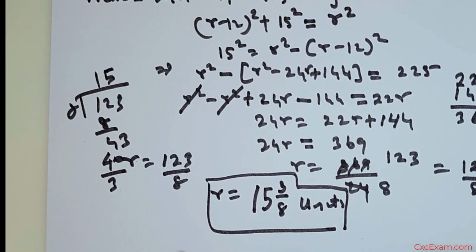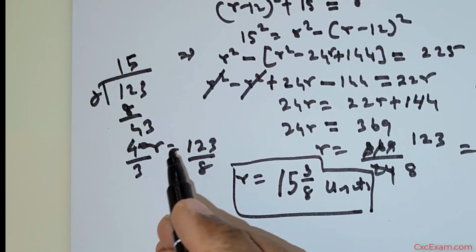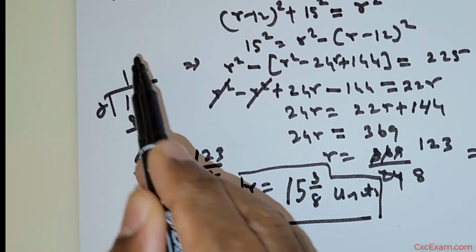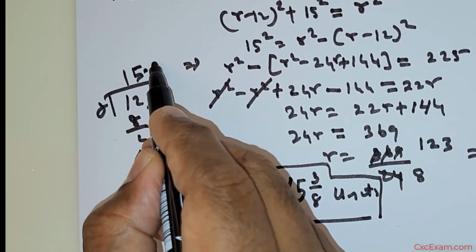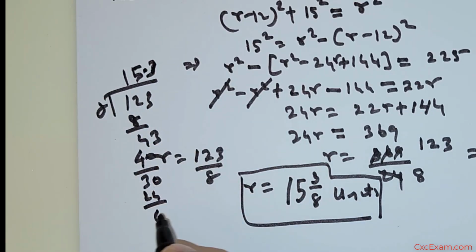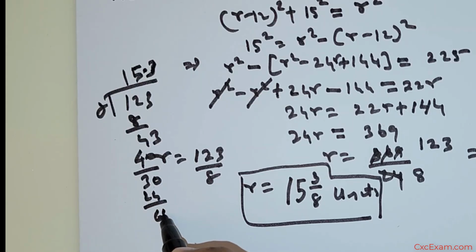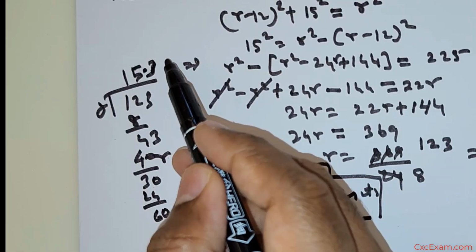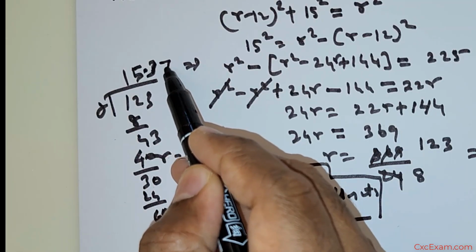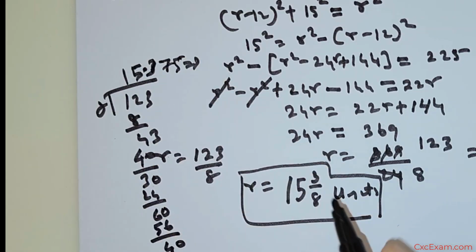If you want to give it in decimal, you can still further go on. So you place a decimal point here, you add a 0. 8 4s are 32, you get a 6 there, and you add a 0 there, and then 7 8s are 56, 4, you add a 0 there, and 5.